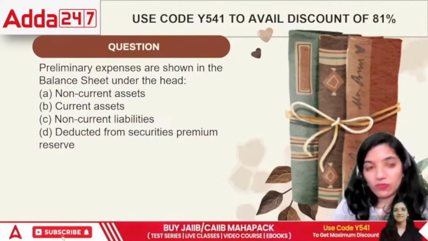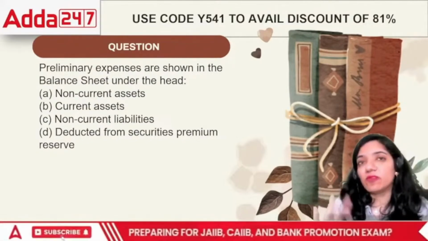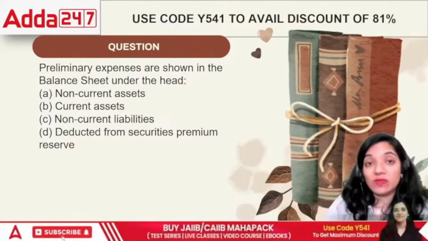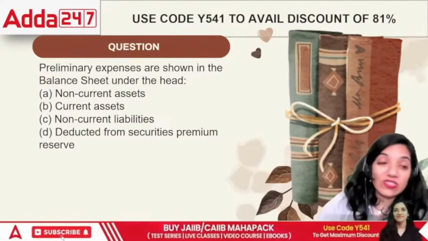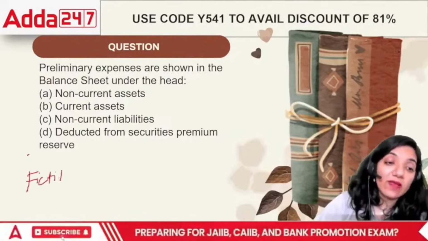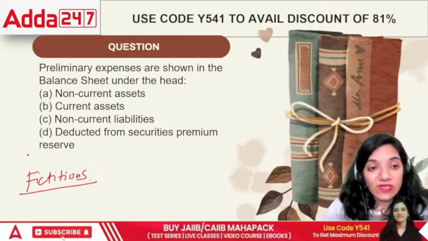Everyone, if I talk about this area, preliminary expenses are what we call a fictitious asset. It's not a proper asset. It is not a tangible asset. It just exists in the books, but overall, it has already been incurred long back, even before the making of the business itself. So it is a fictitious asset.